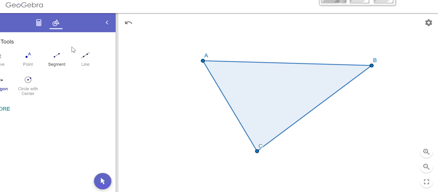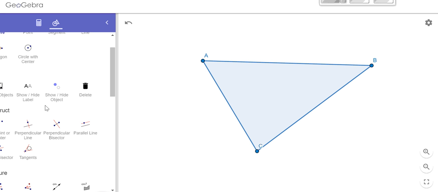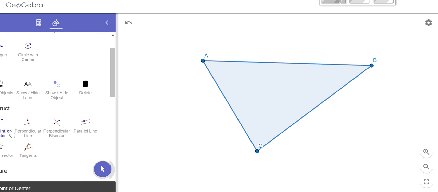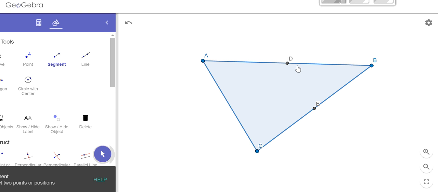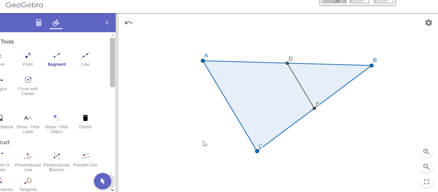After I construct my triangle, I'm going to find the midpoints of each side, and let's just do it for these two sides. When I construct the segment connecting our two midpoints, DE is the midsegment.